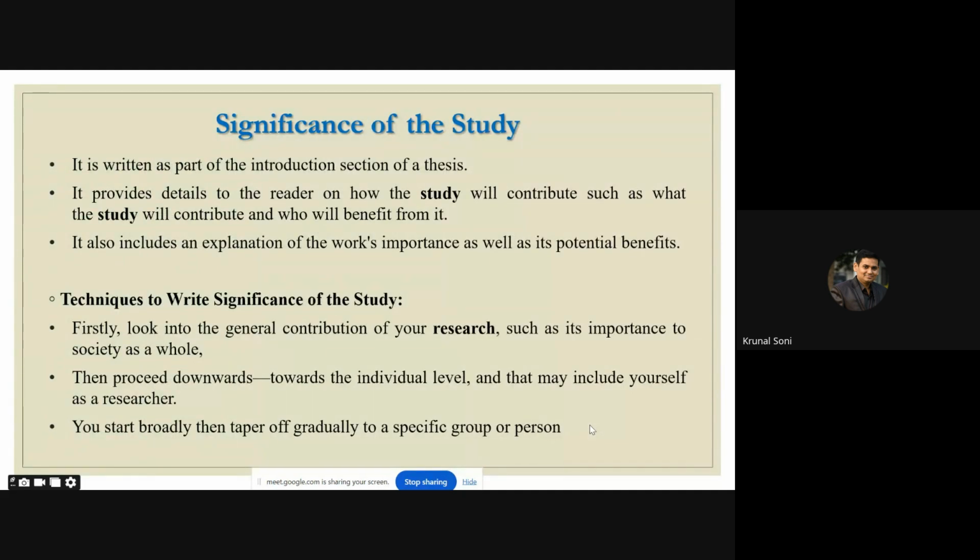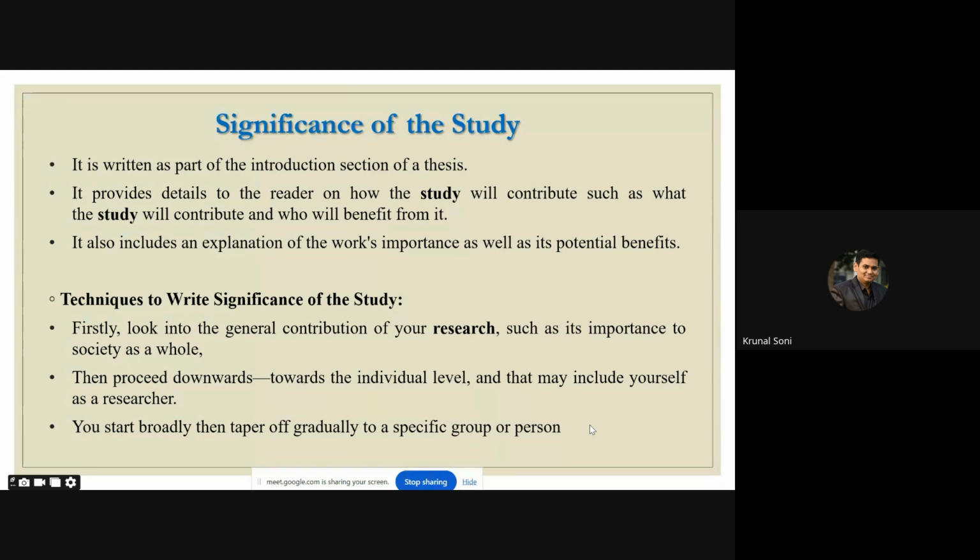Then significance of the study. So significance of the study basically consists of the importance of the study, right? If we are doing this research for society, what exactly is the importance that we need to bring out to society, that is called the significance of the study that we need to define. It is very, very important to define in our research. If we do not define the research significance, then the research has no relevance in the market, right?